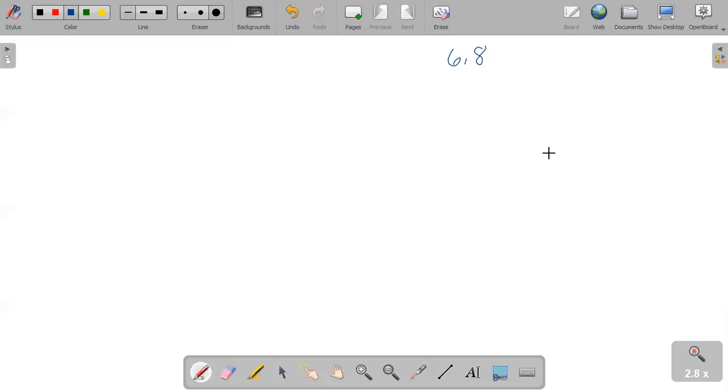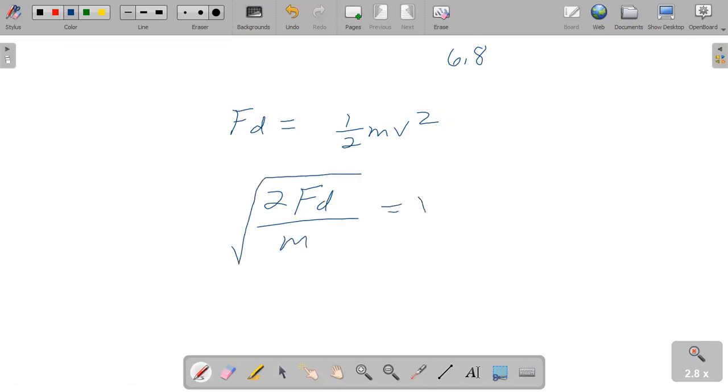So we have the work energy theorem again. Speed, and so they don't want to know the direction. They're just asking for the magnitude. FD equals 1/2 M V squared. We want V. So FD times 2 divided by M under the radical equals V. I don't know the values.